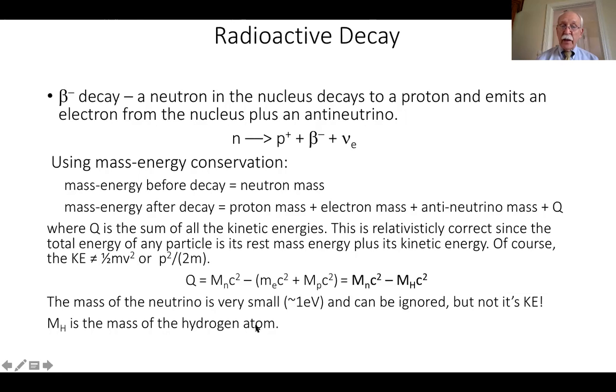It's just that the kinetic energy here is not 1/2 mv squared. It's a relativistic kinetic energy. All right, so here's the Q, and this is the Q up here.